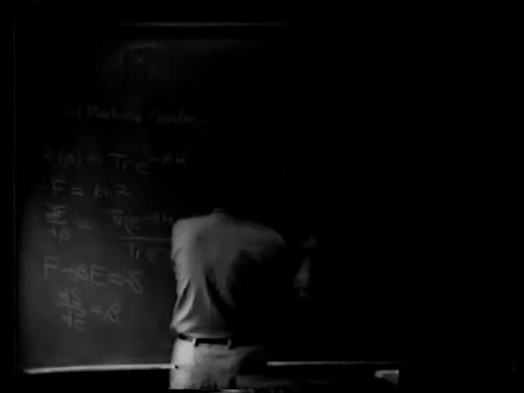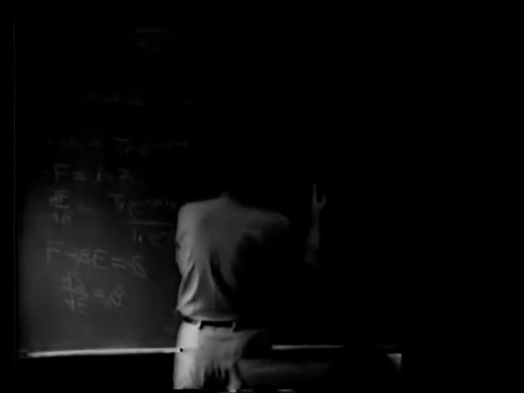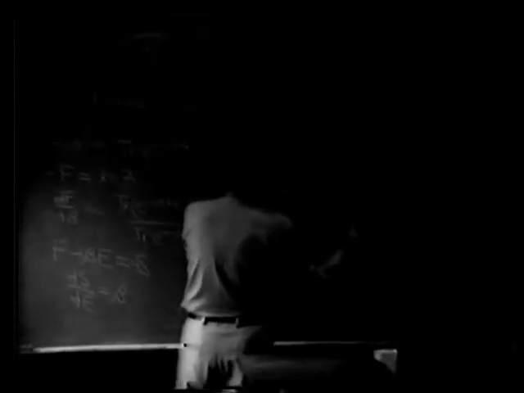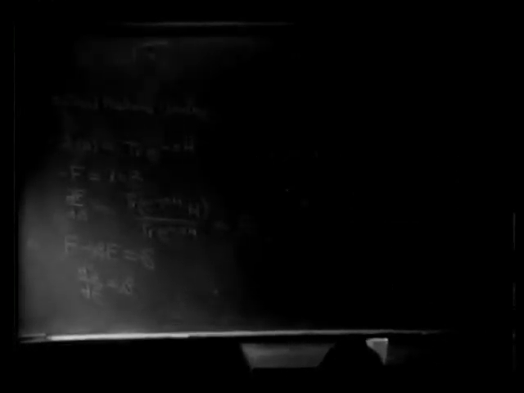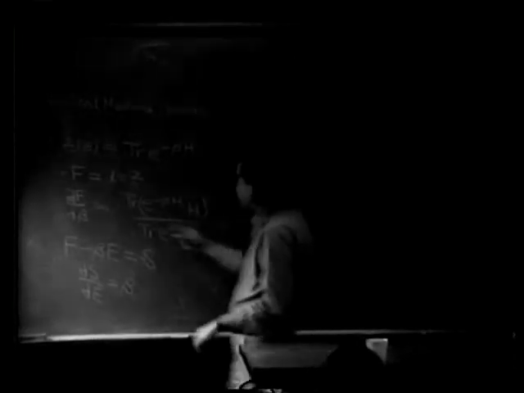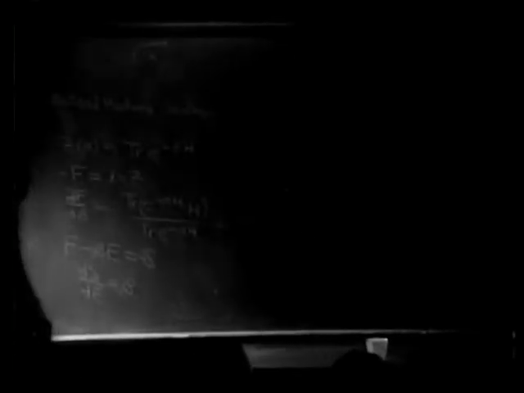We define dW/dJ equals phi bar, just like we defined dF/dbeta equals E, the energy.